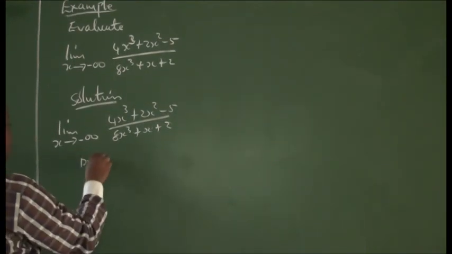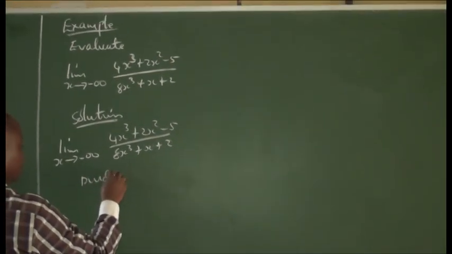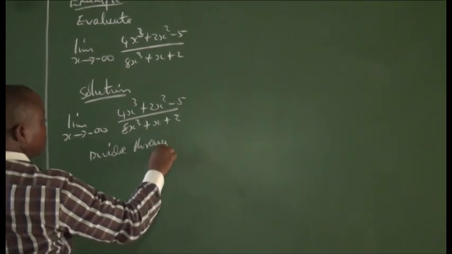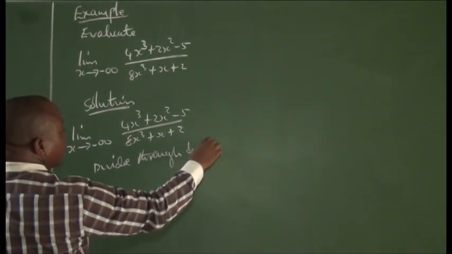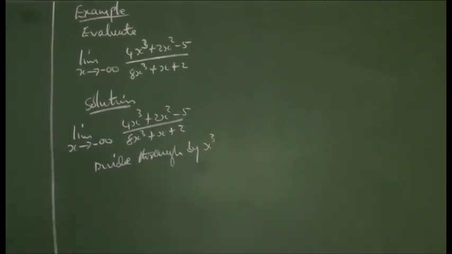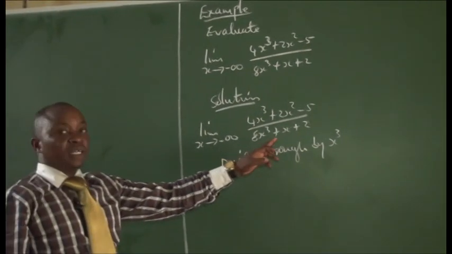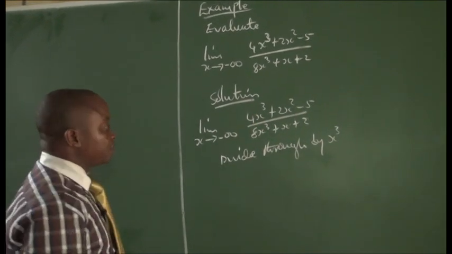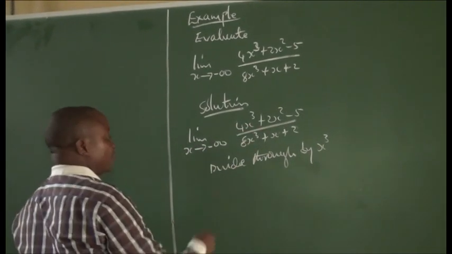So I'm going to divide through by x cubed. Why do I divide by x cubed? Because x cubed is the highest power of the independent variable x.